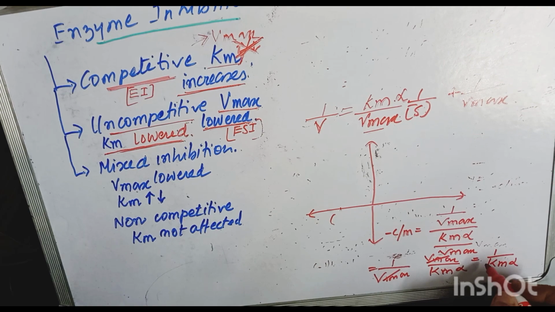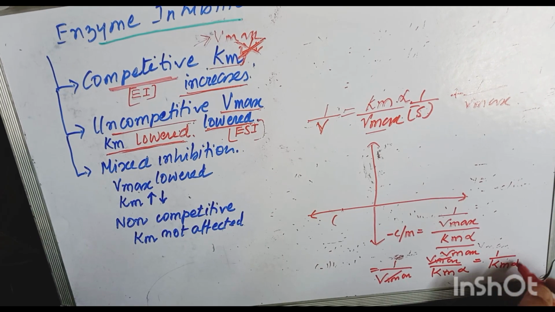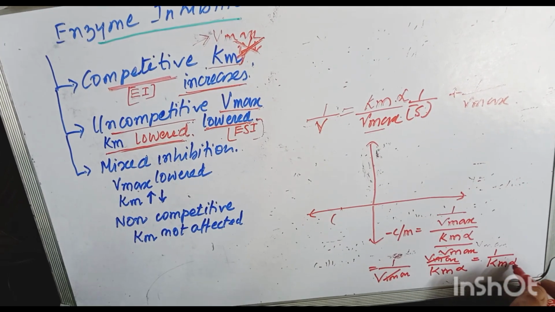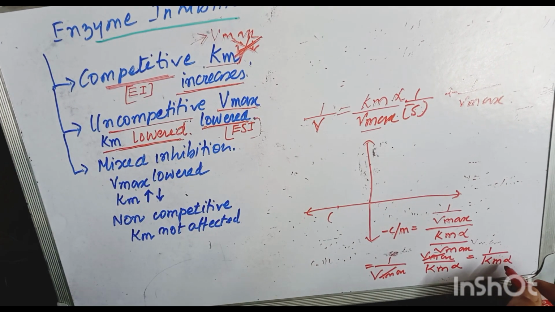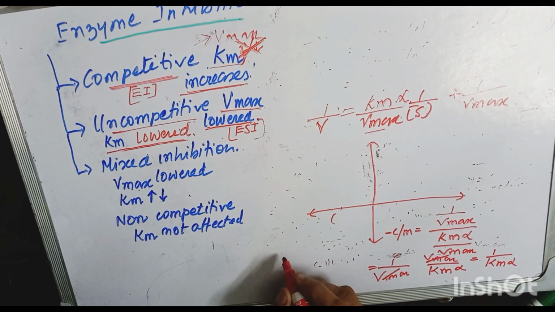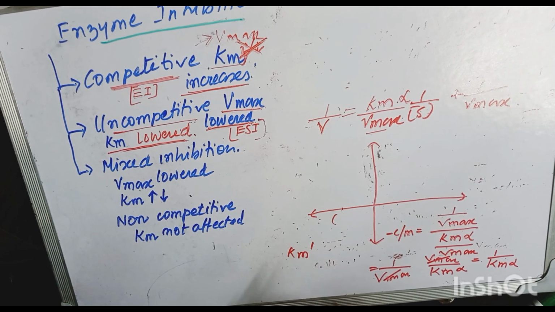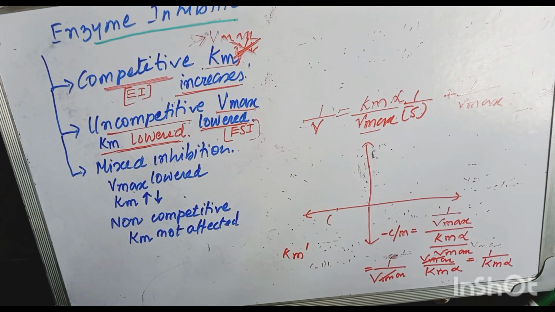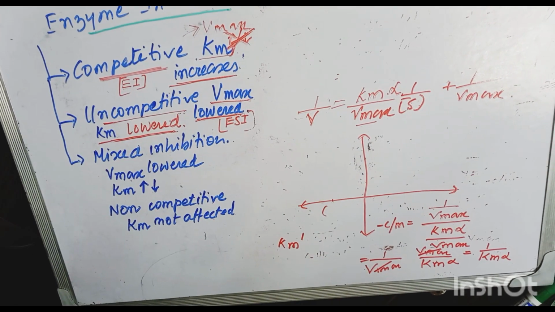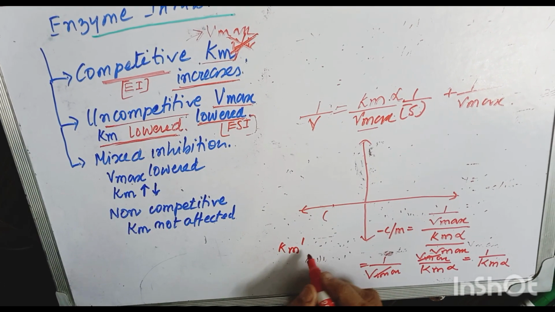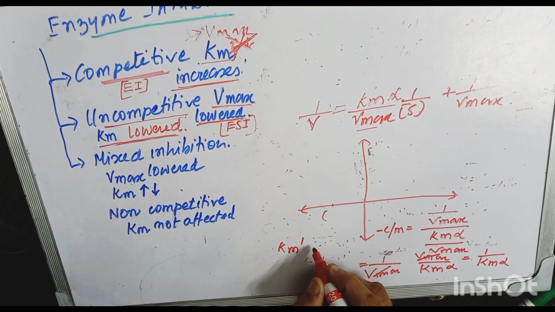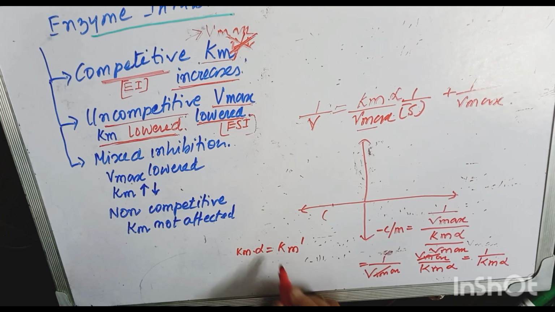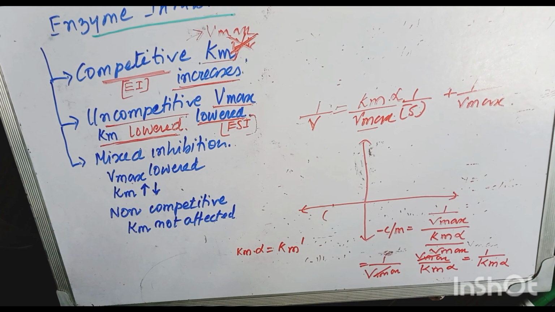Here Km has increased by a factor of alpha, and we call this Km dash. So Km alpha is equal to Km dash.